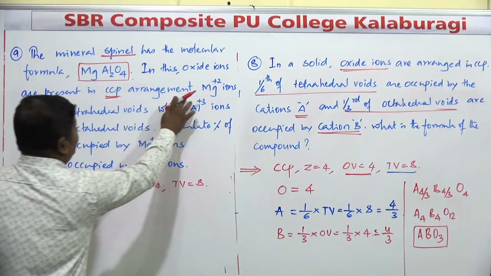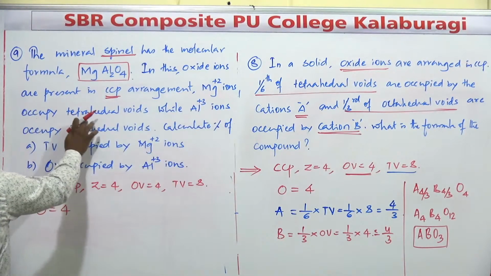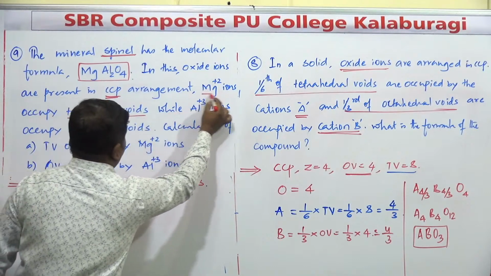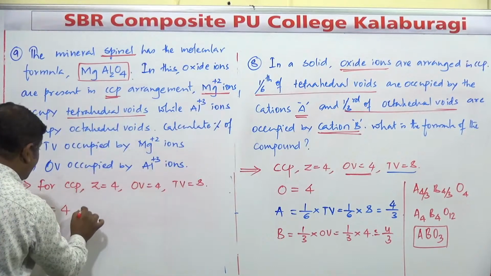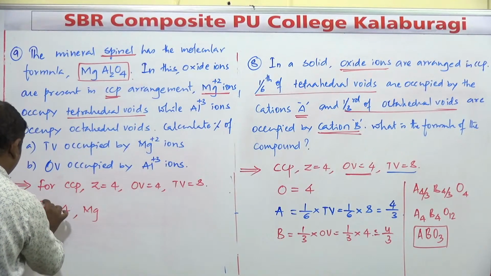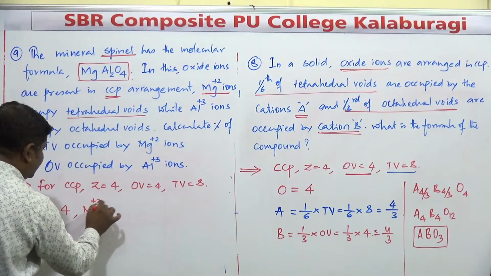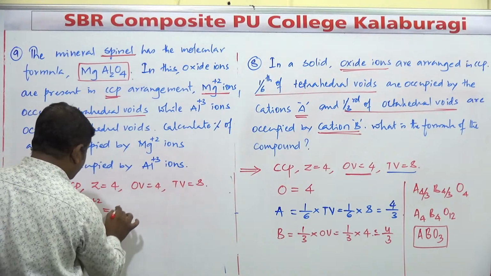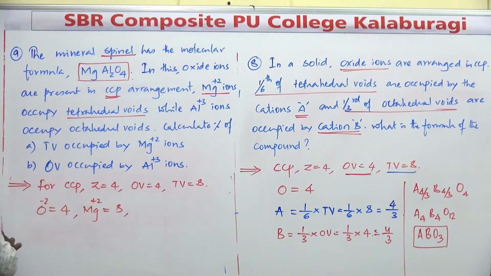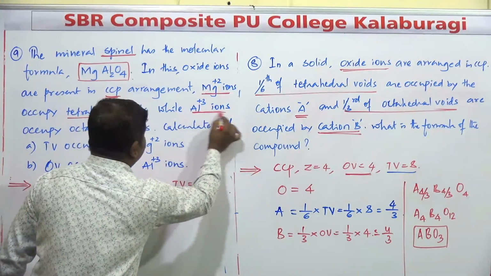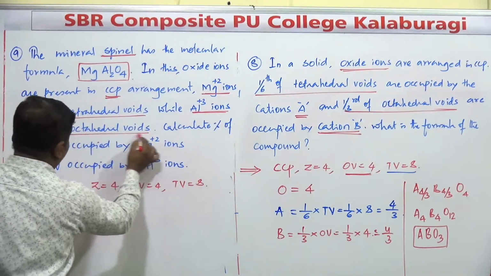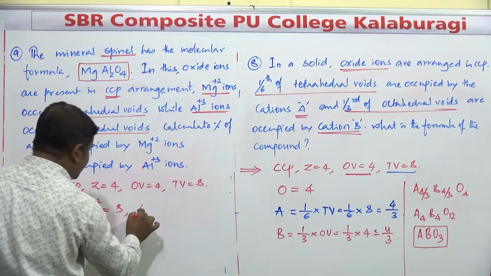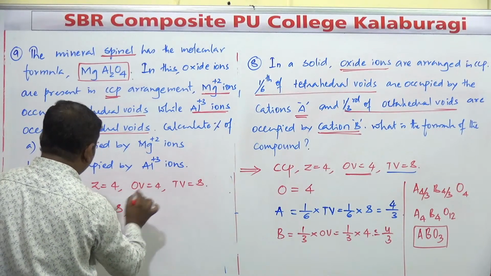Next one, Mg plus 2 ions. Mg plus 2 occupy the tetrahedral voids. Here this is O minus 2. It is Mg plus 2. What's the total number of tetrahedral voids? Tetrahedral void is equal to 8. And Al plus 3 ions are occupying octahedral voids.